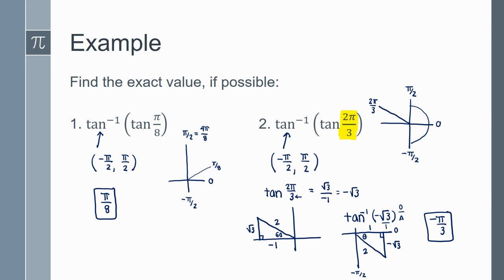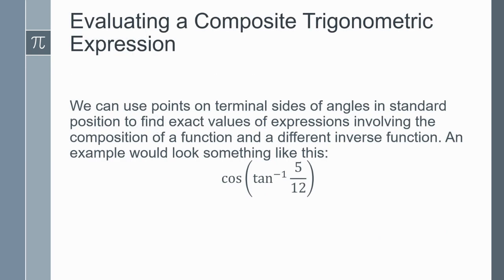Okay, so these are compositions where the inverse and the original function are the same trig function. So inverse tangent and tangent, or cosine and inverse cosine. But that's not how all of the composition problems are going to be. Sometimes you're going to evaluate a composite with two different trig functions.